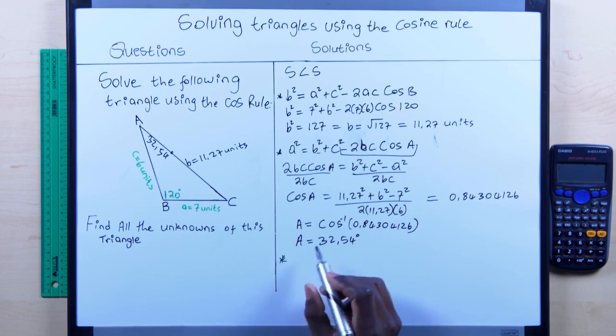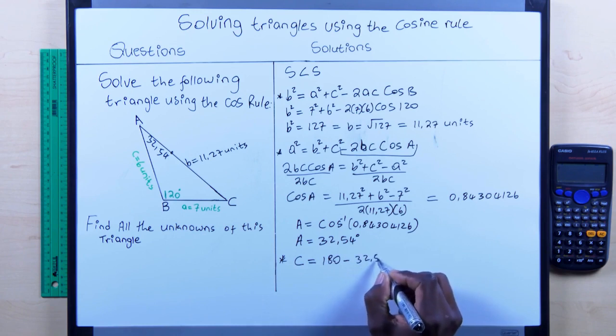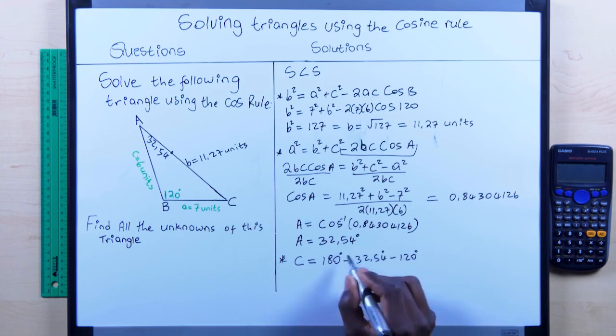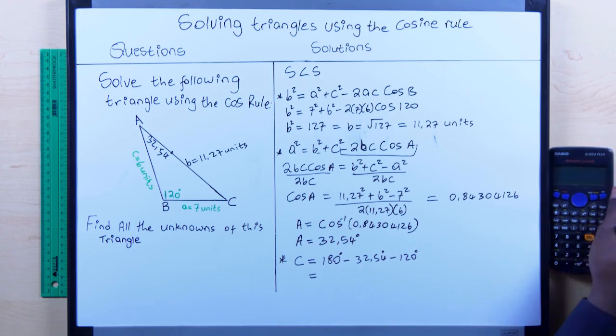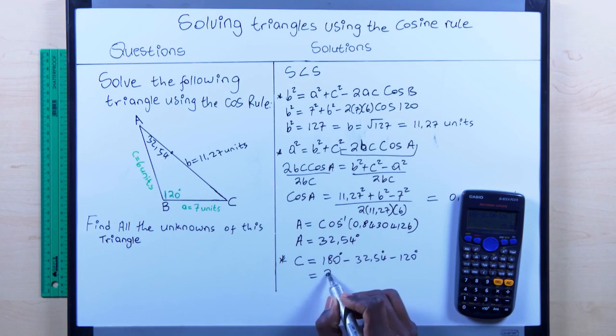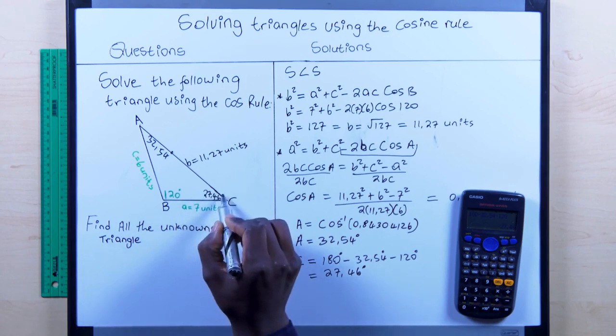Thus making it clear for us that if we say angle C is equal to 180 subtracting angle A, subtracting angle B, our answer should then be angle C is equal to 27.46 degrees. We have solved this triangle.